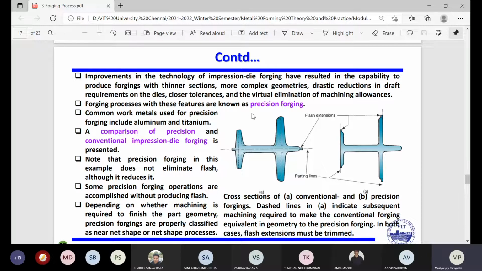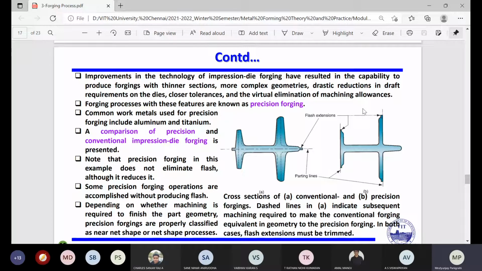Improvements in the technology of impression die forging have resulted in the capability to produce forgings with thinner sections. Every time we think thinner sections are very difficult, because we have to take a big sample and press it. But now we can also take thin plates, more complex geometries, drastic reduction in draft requirements on the dies, closer tolerances, and virtual elimination of machining allowances.